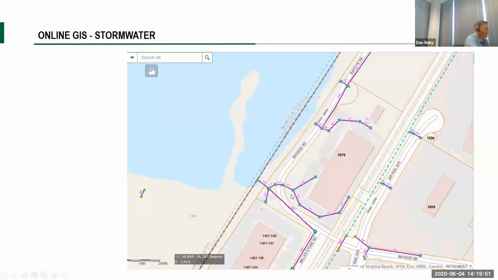That information is GIS level accuracy, not survey level accuracy. So this doesn't replace the topographic survey, but it gives you a very good starting point to know what you're getting into and what kind of opportunities and constraints you've got for the site.